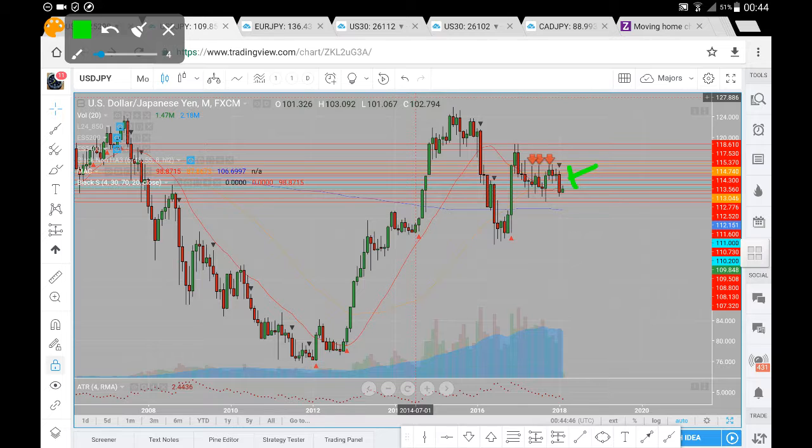So we've had a trend to the upside, then a brief pullback into an area where we had previously found consolidation, and a brief move upwards.